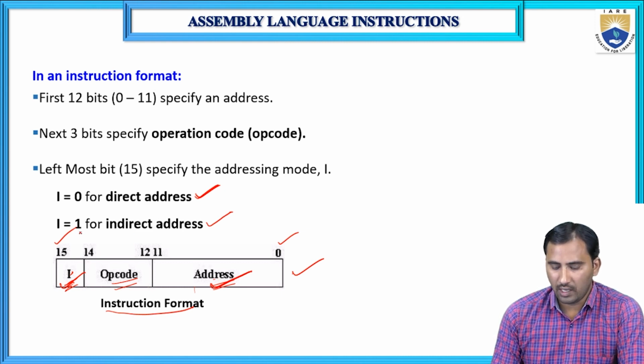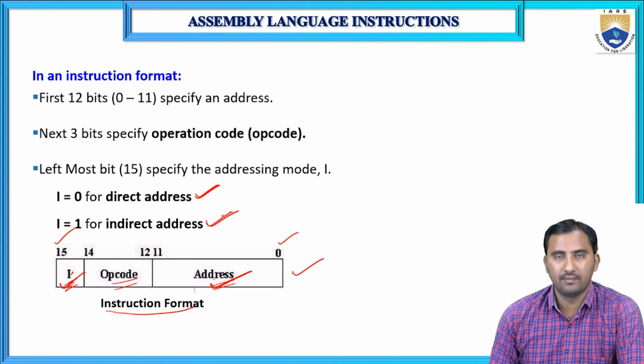When I is equal to 1, it is an indirect address. That means the address of the operand is not given directly in the instruction format. We need to calculate the effective address of the memory. Effective address means the address of the operand.